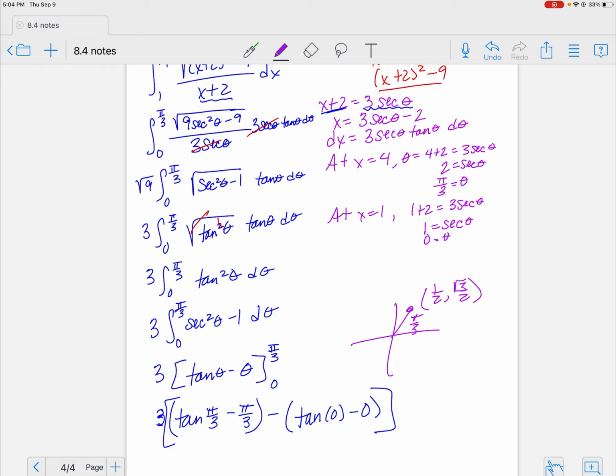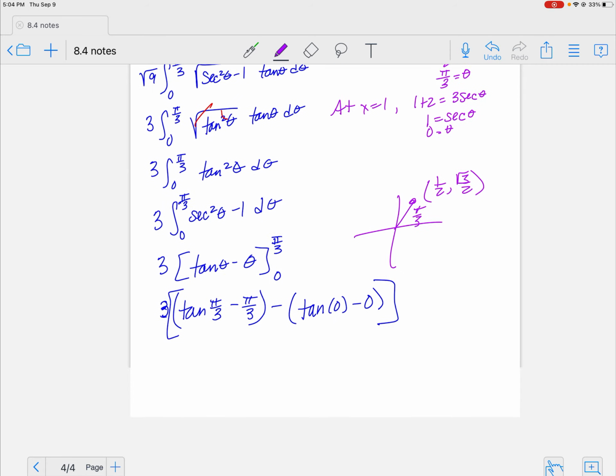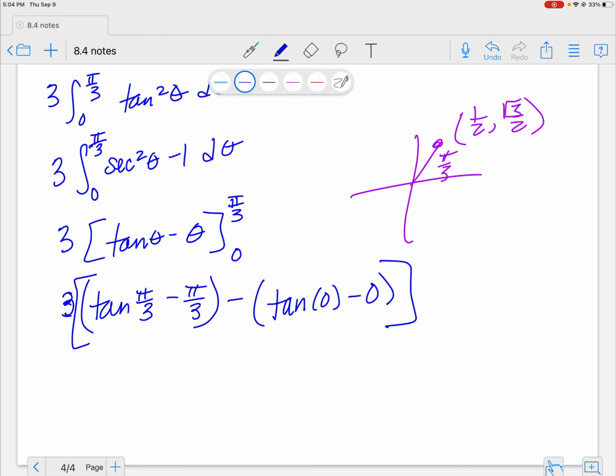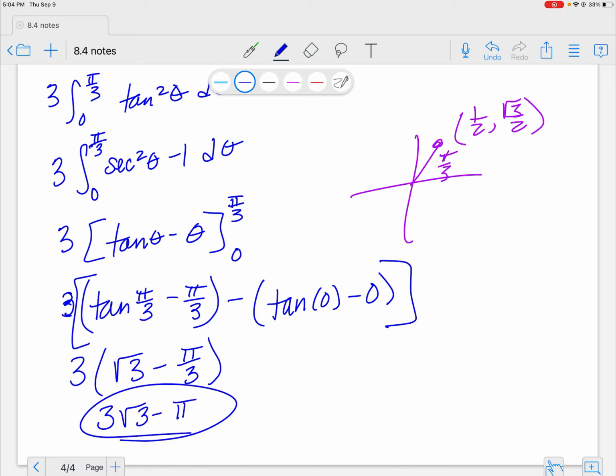So what's the tangent of that? Yeah, square root of 3. So 3 times the square root of 3 minus pi over 3, distribute that. And that's it. It's okay to leave that as your answer. And then you've got it.